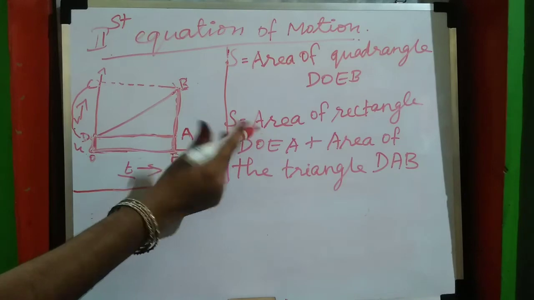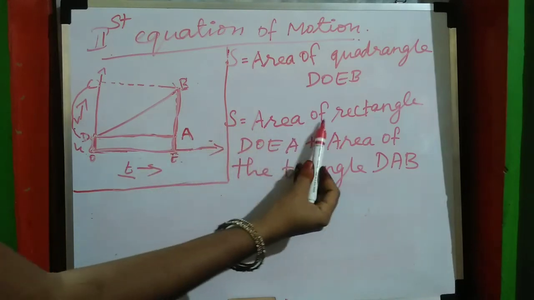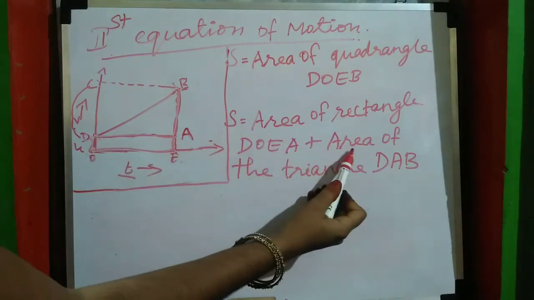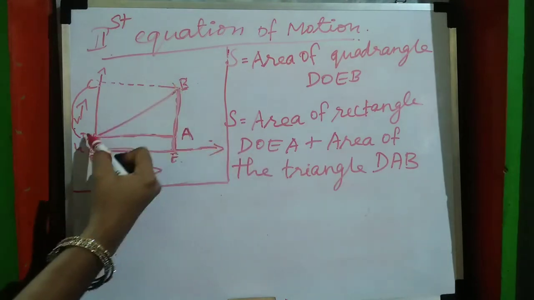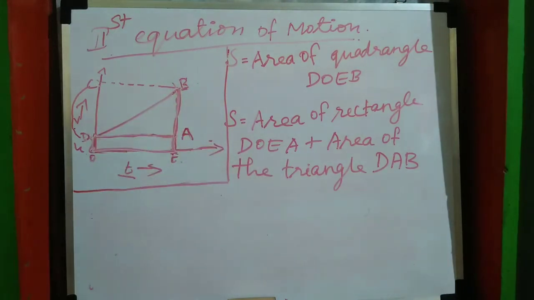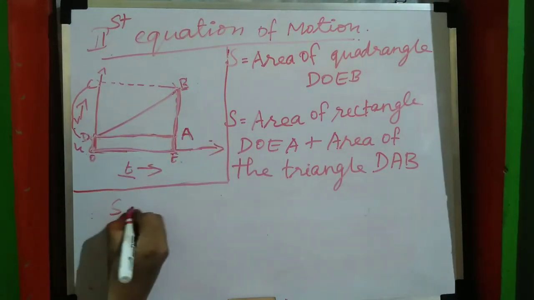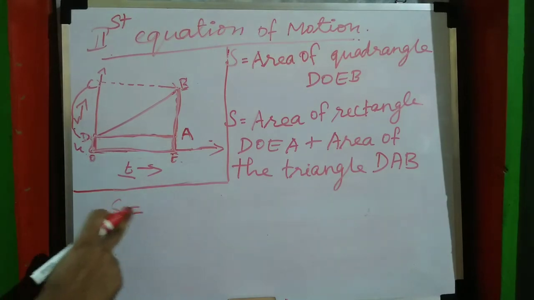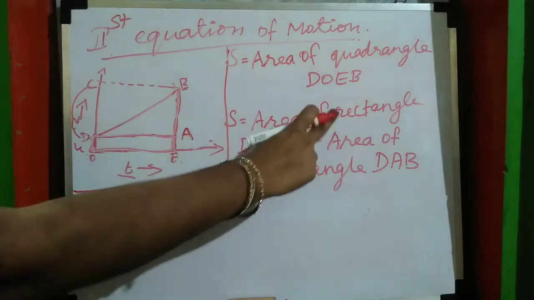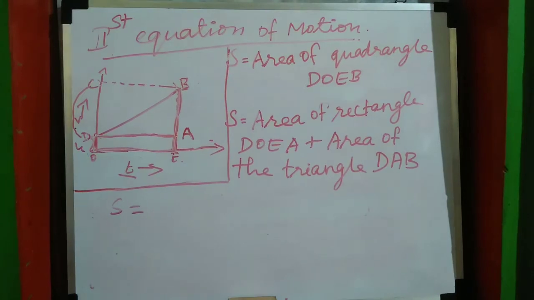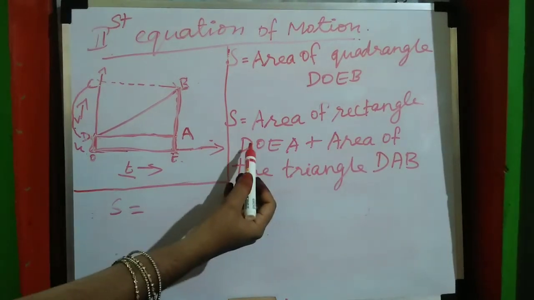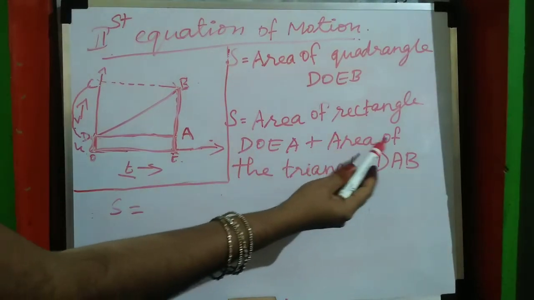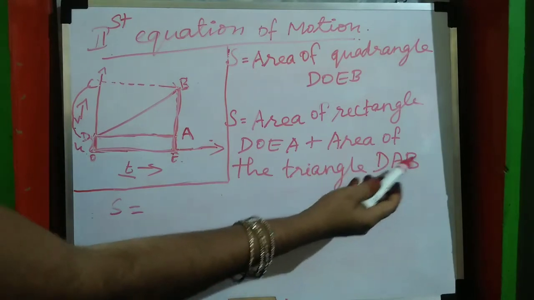So write this equation: S is equal to area of rectangle plus area of triangle. Then the distance S is equal to the area of rectangle DOEA plus the area of triangle DAB.